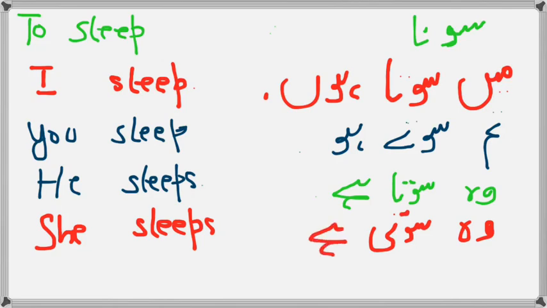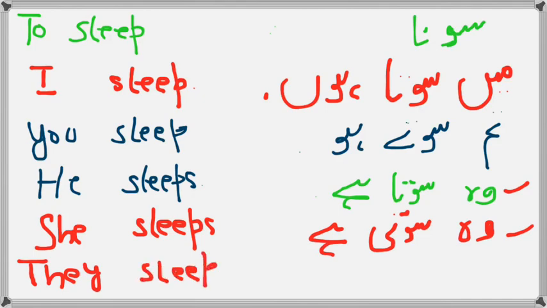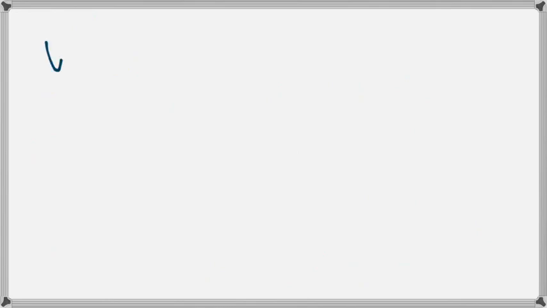And it sleeps would be either वो सोता है or वो सोती है depending upon the gender. They sleep. In Urdu we write वो सोते हैं. And we sleep. हम सोते हैं.